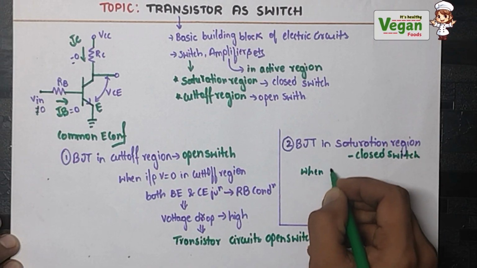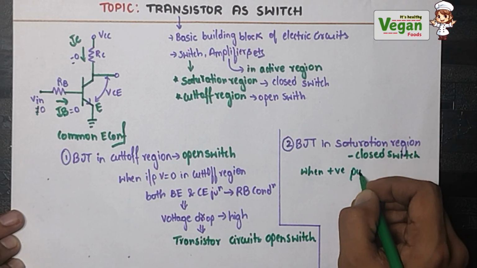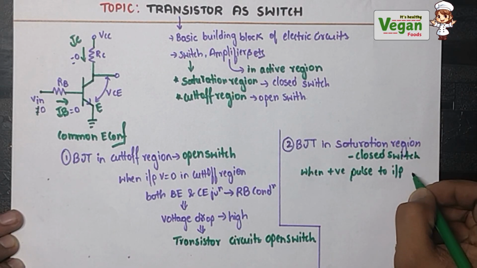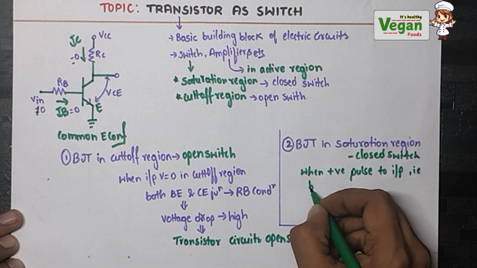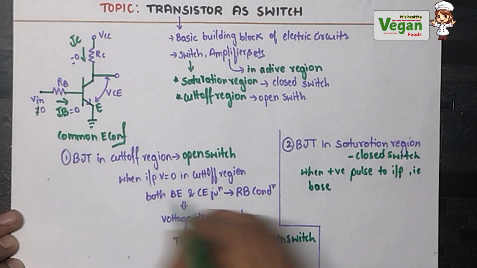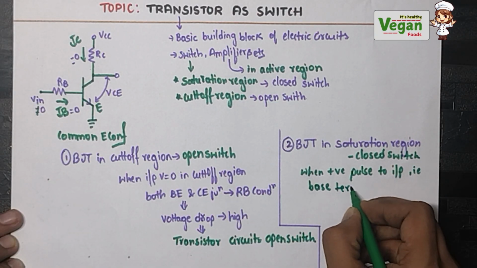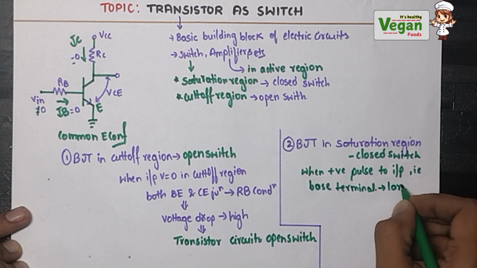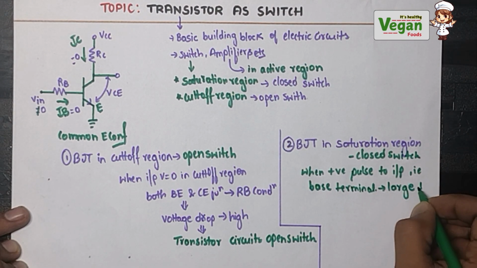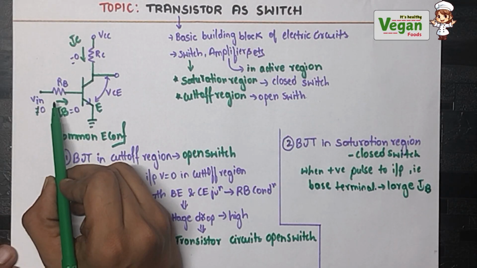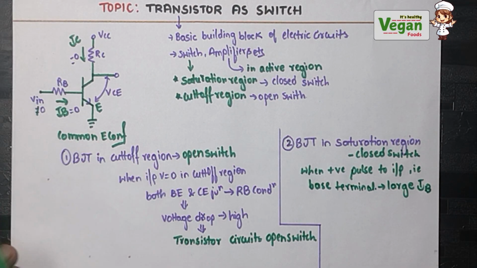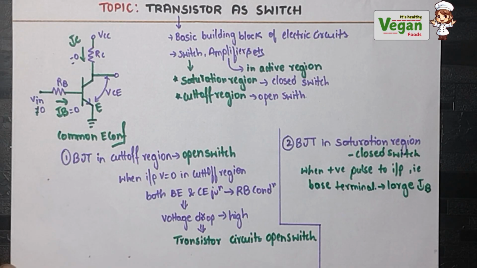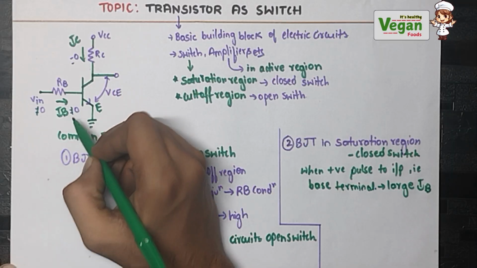Therefore, when a positive input is given to the input side, the base terminal, where we are giving the input, will produce a large current IB, that is, the IB value will not be equal to 0.